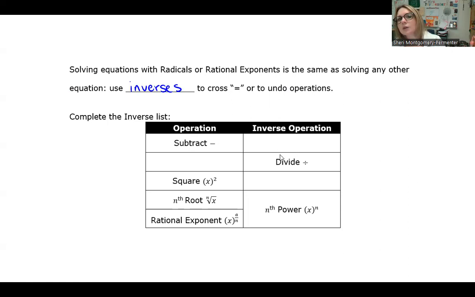So you have 3 blanks to fill in. Let's see if you can jot down what is the inverse operation that goes with subtract or divide or squaring something.